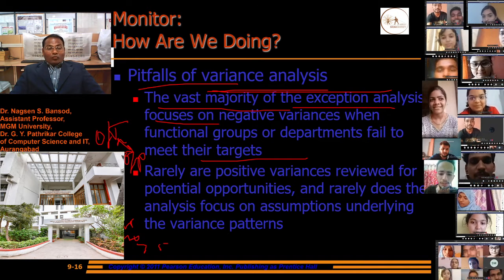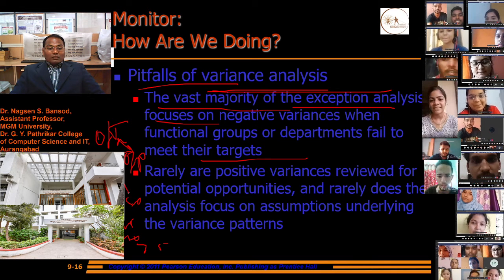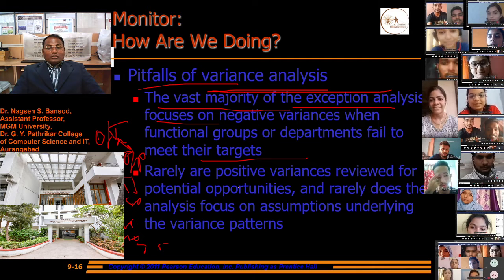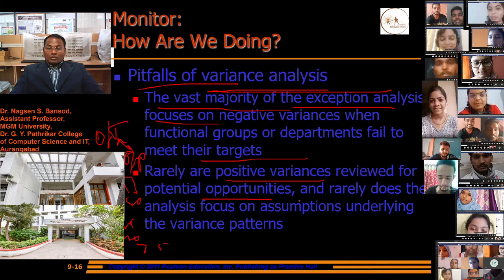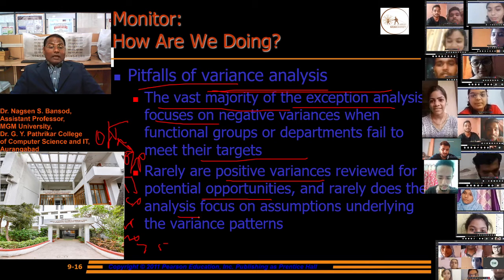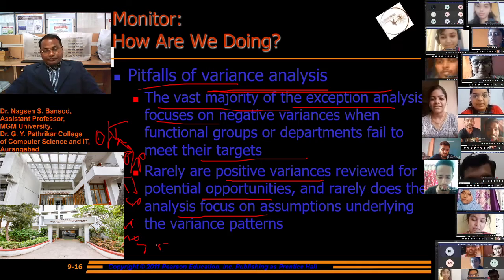These are the negative variances. And if we have targeted 50 and we achieve 51, then this is the positive variance, and that can be viewed for potential opportunities.